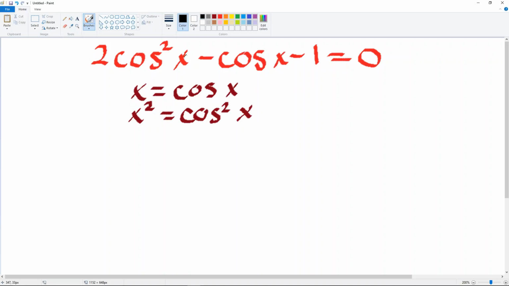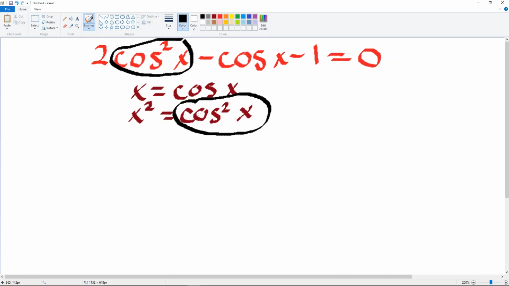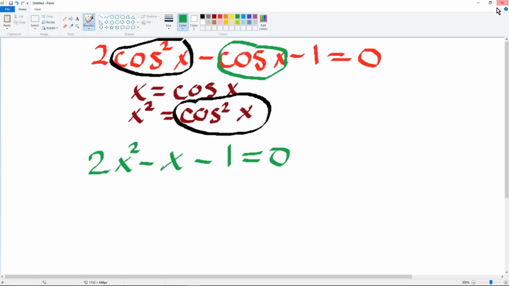So if I were to replace this cosine squared with this, what would I replace it with? X squared. So it becomes 2x squared minus x minus 1 equals 0.